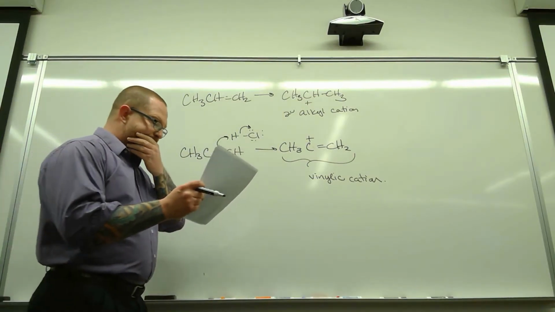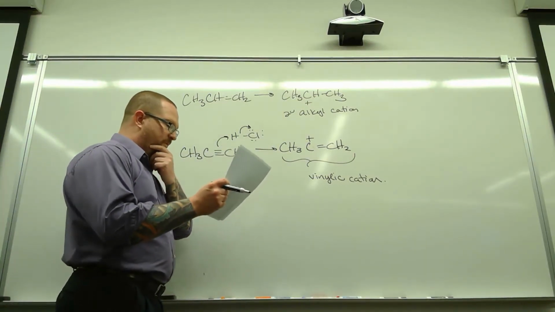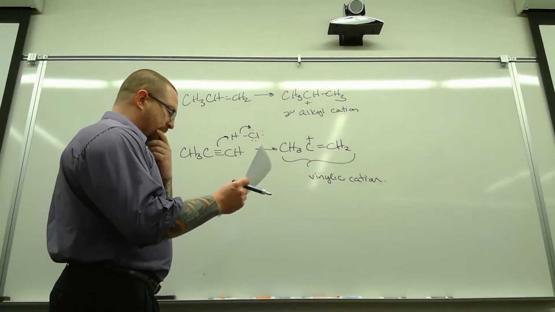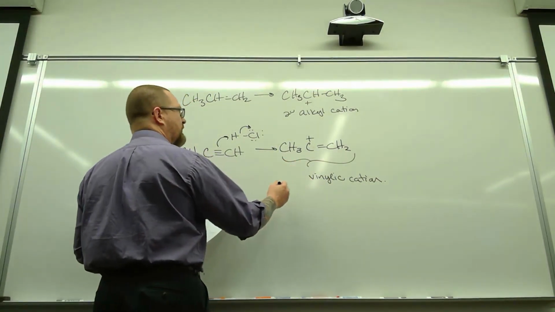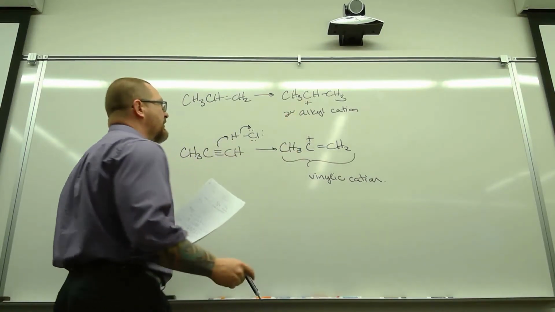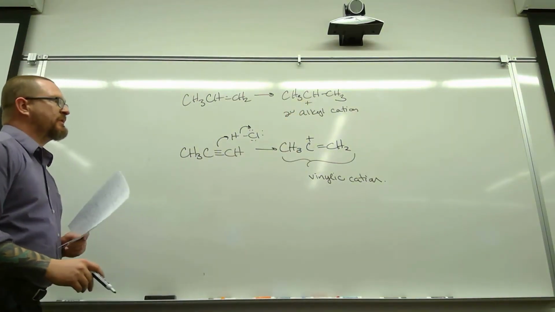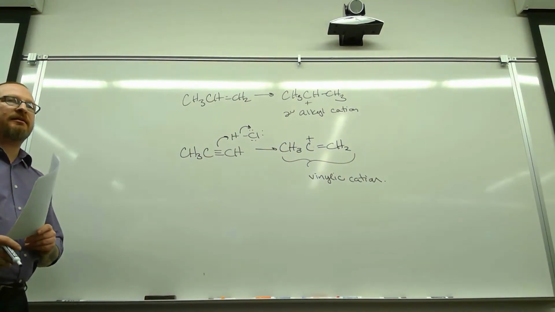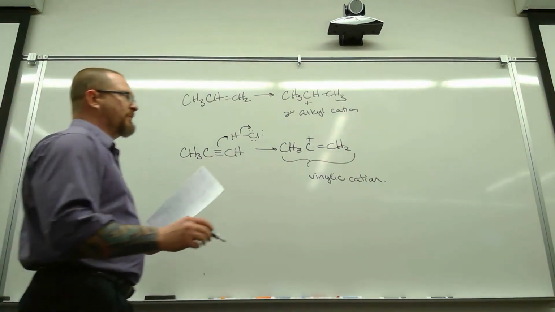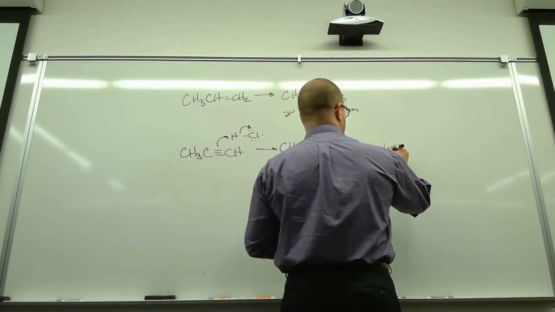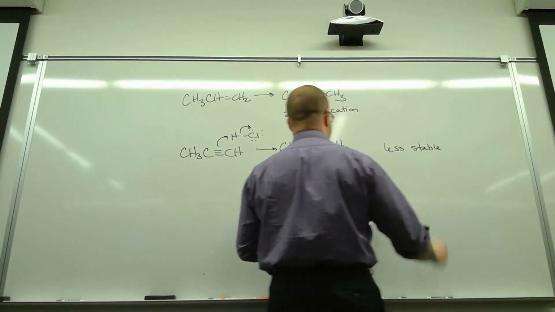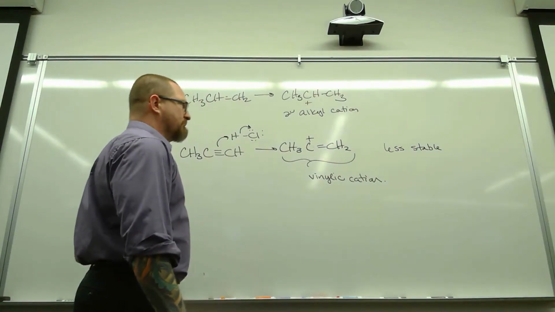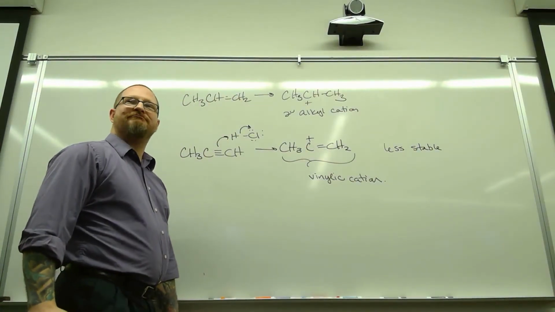Some of you have probably read this. Is this going to be more stable or less stable than the equivalently structured alkyl cation? Less stable. Why is it less stable? Because sp bonds are more electronegative. Yeah, not wanting a positive charge. That's why.